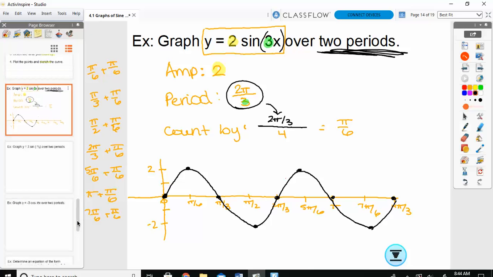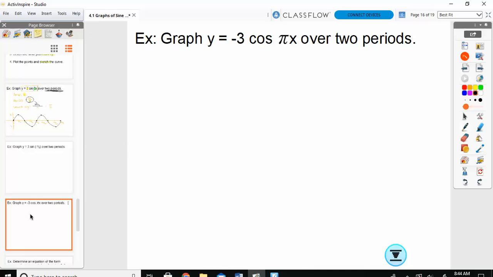Let's see. Let's do one more. Let's do this one. So y equals -3 cosine of pi x. So amplitude is my high point.